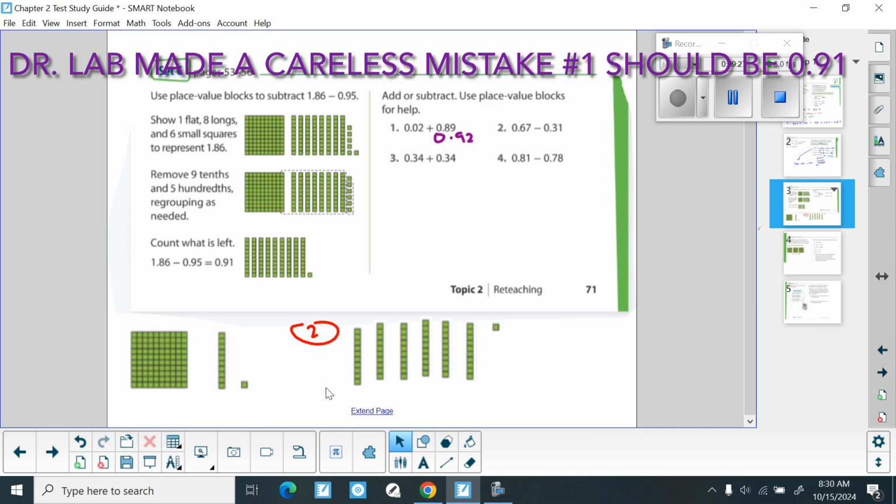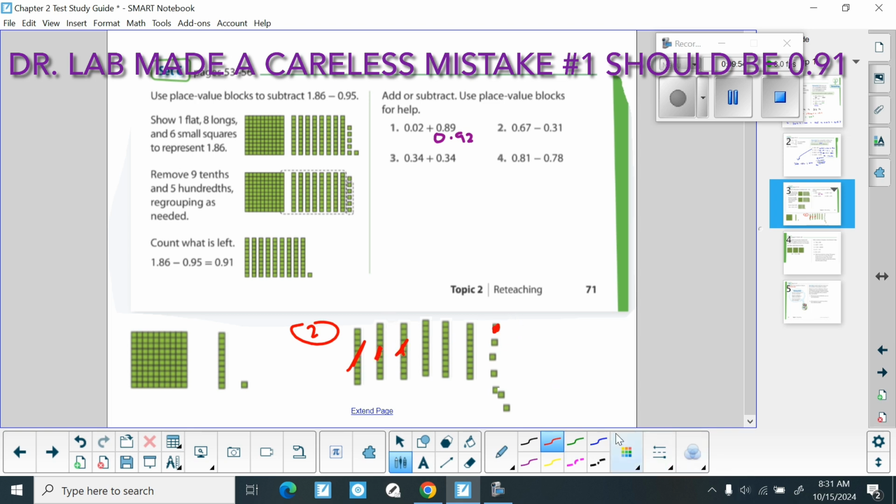Let's do 1, 2, 3, 4, 5, 6, 7/100. So 67/100, and we're going to take away, get rid of, I'm just going to cross them out, 31. So 1, 2, 3/10, 31.